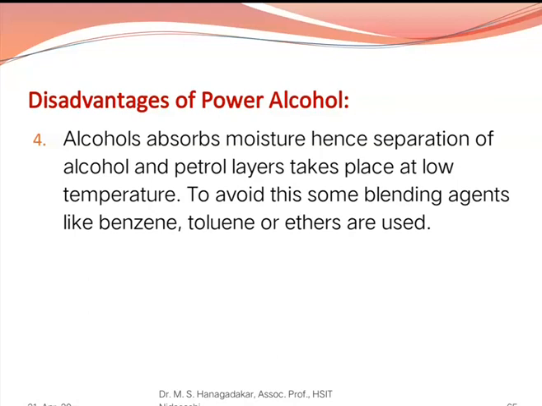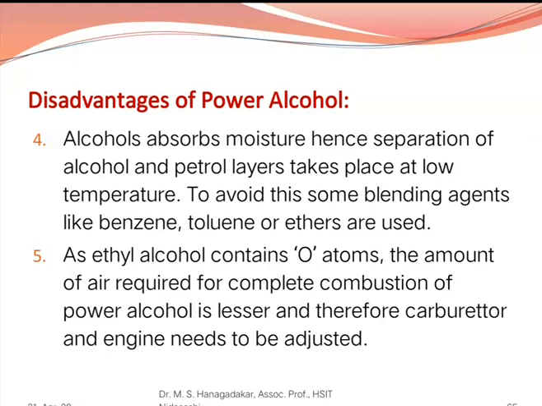To avoid this problem, we need to add some blending agents like benzene, toluene, ethers in the power petrol. As you know, ethyl alcohol contains an oxygen atom, so the amount of air required for complete oxidation of power alcohol is lesser, and therefore the carburetor and engine need to be adjusted. So these are some disadvantages of power alcohol or power petrol.